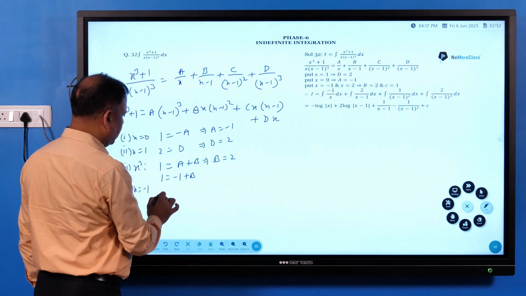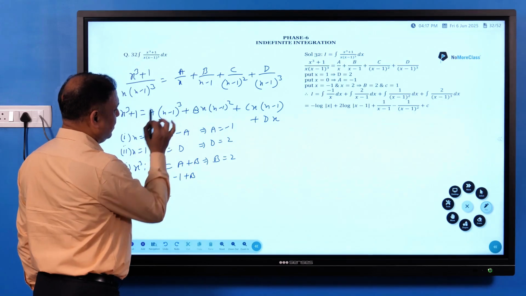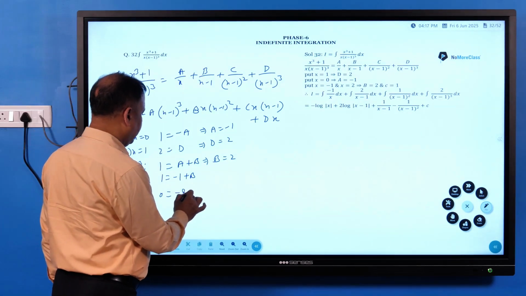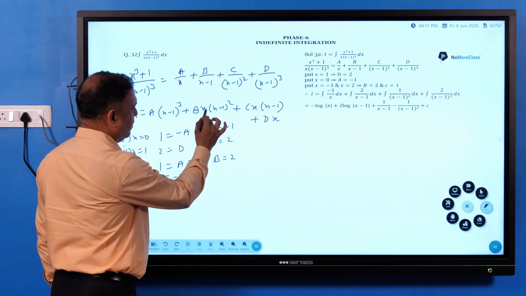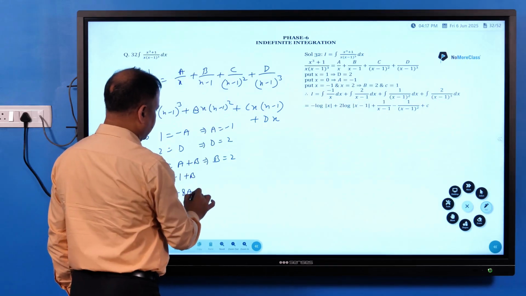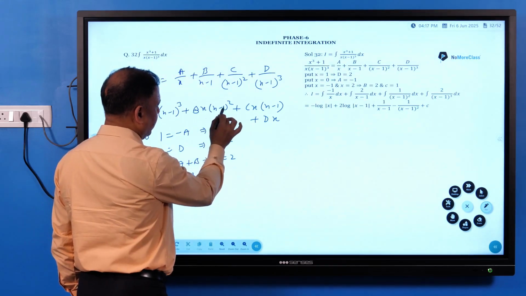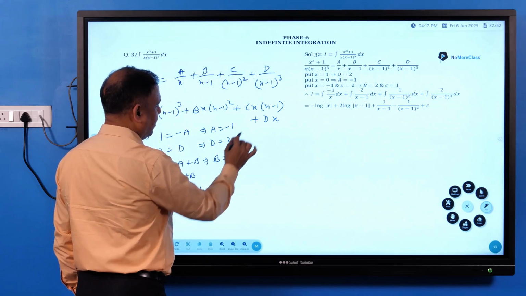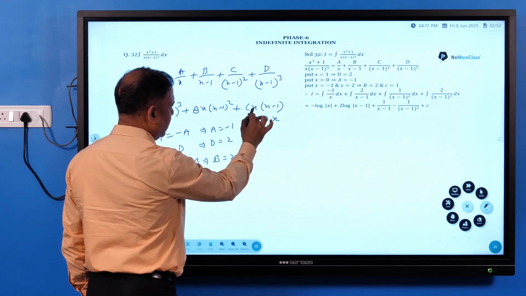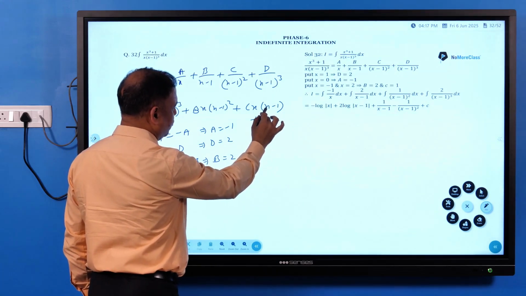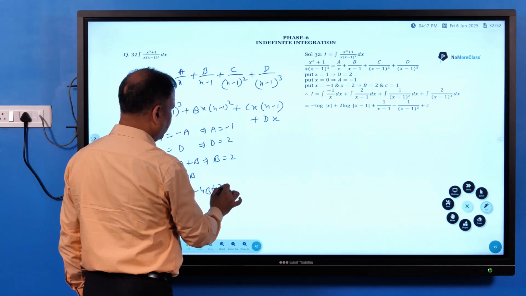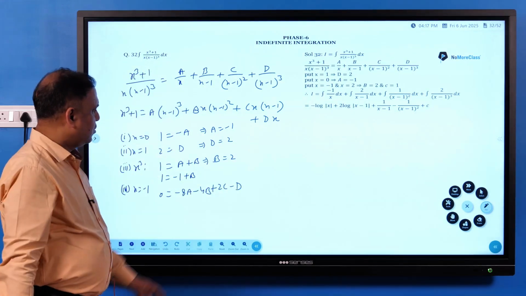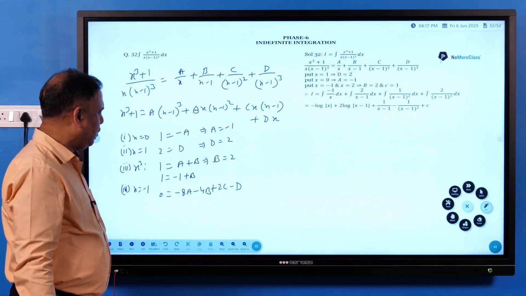So minus 1 plus 1, that is 0, is equal to minus 8a minus 4b minus 2c minus d, and so on. So a, b, d I know, c I can calculate.